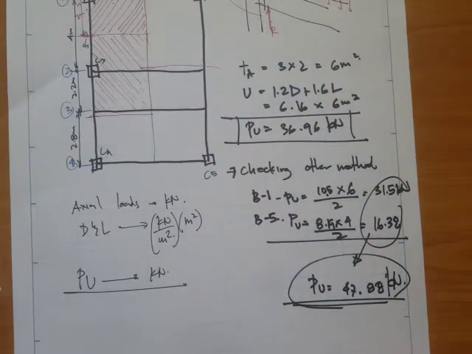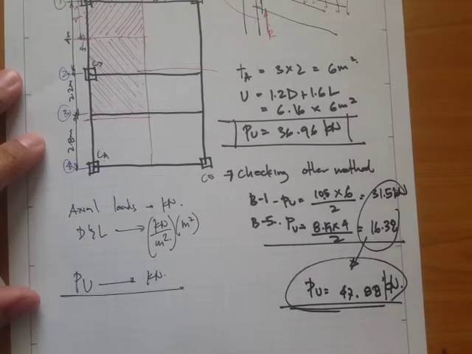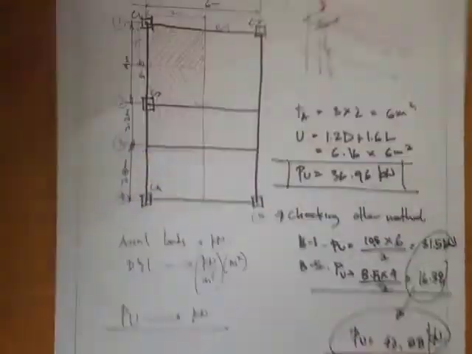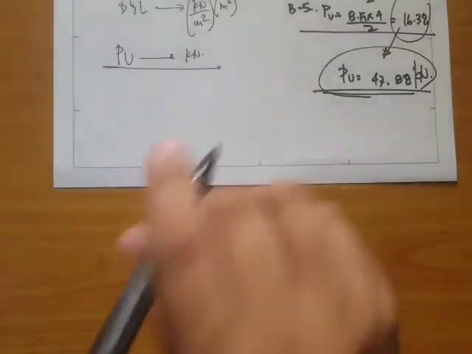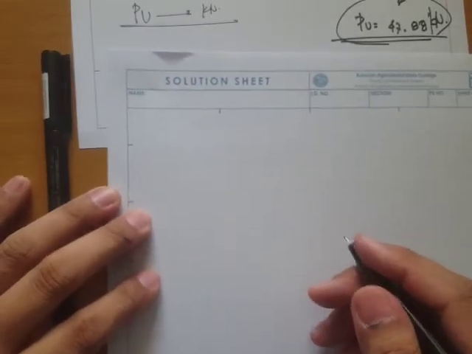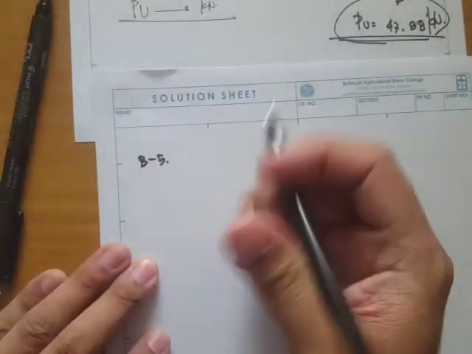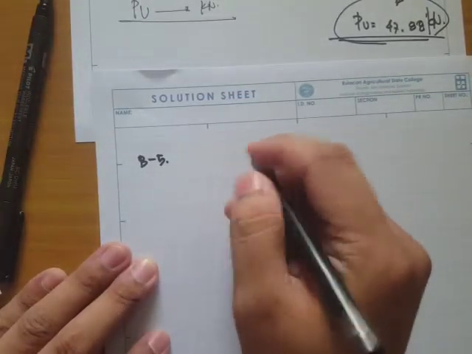Okay, so the problem is with regard to the simplifications that we did. So let's check what if we do the actual beam and loading scenario. For beam-5, we have these loadings.